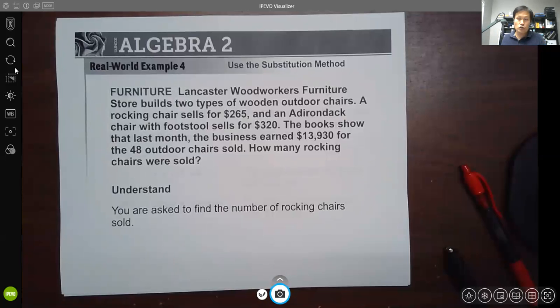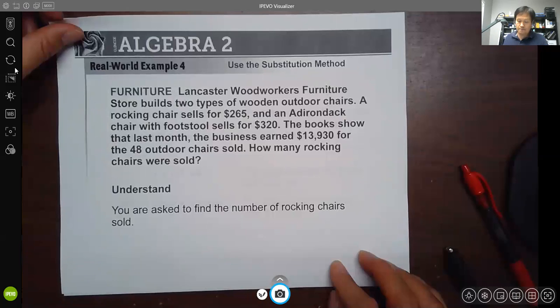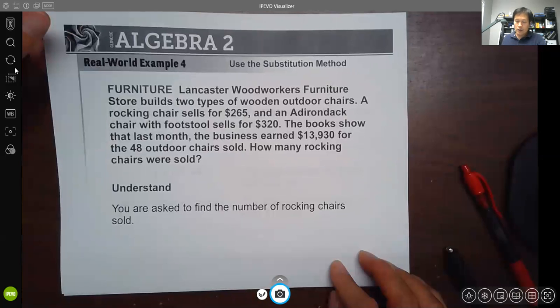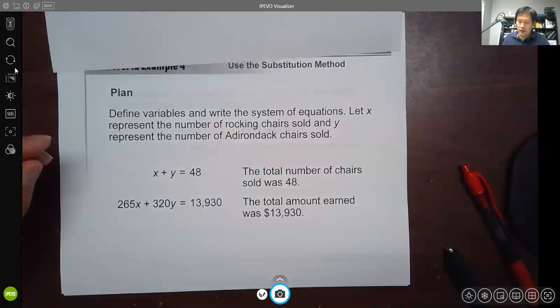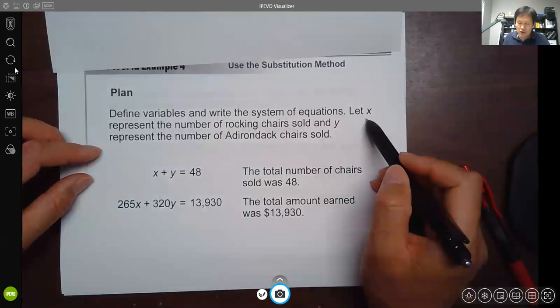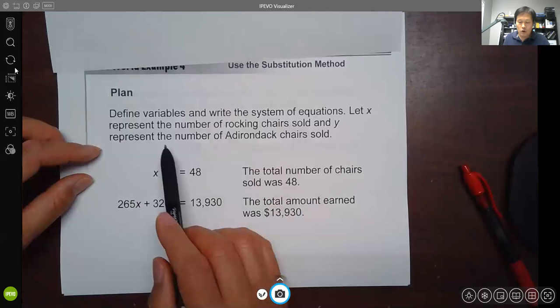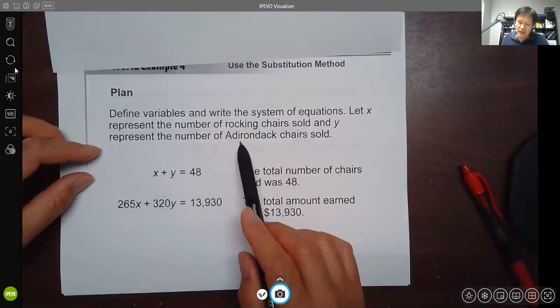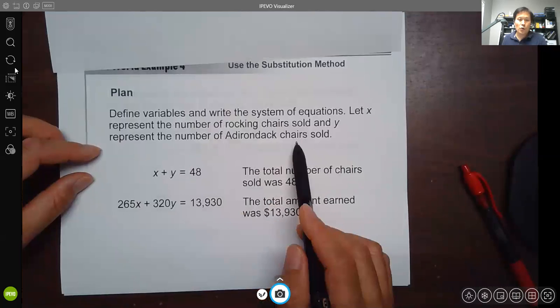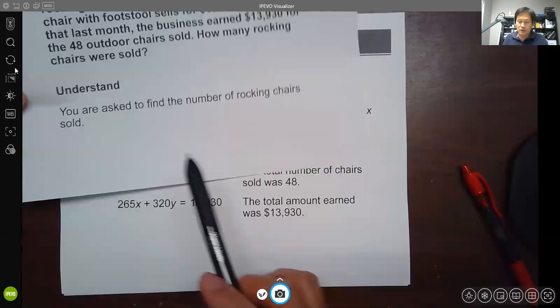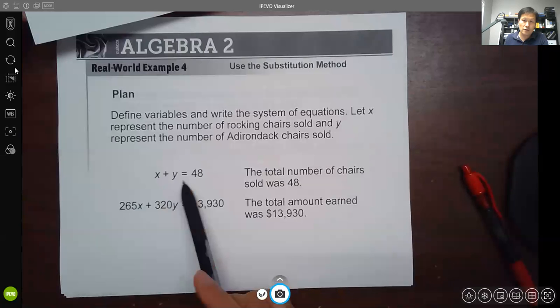Okay, important, you should be able to set up the equations. Assume x is the number of rocking chairs sold, and y is the number of Adirondack deck chairs sold. They said they sold 48 total, so x plus y equal to 48.